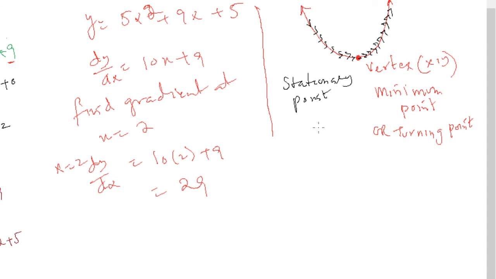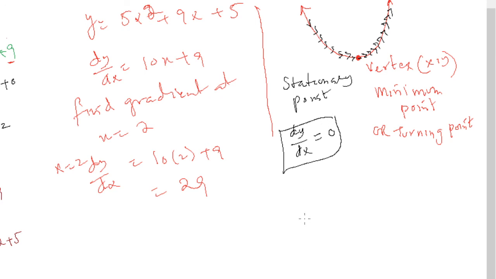Now to find the stationary point or the turning point, we will find dy/dx and then make it equal to 0. So whenever you are finding a turning point or stationary point, just get the derivative and make it equal to 0.